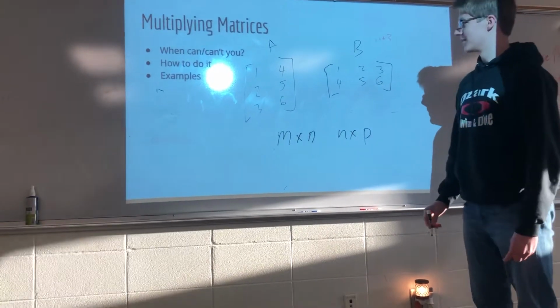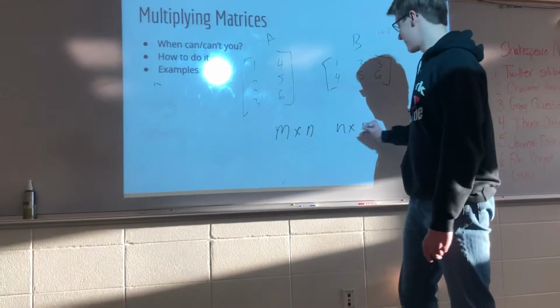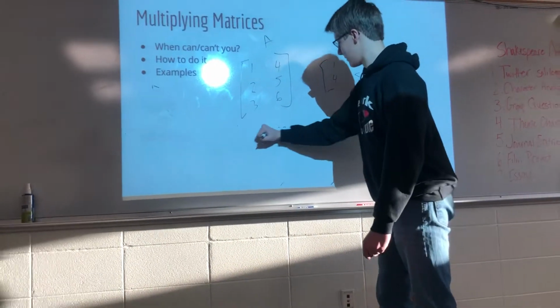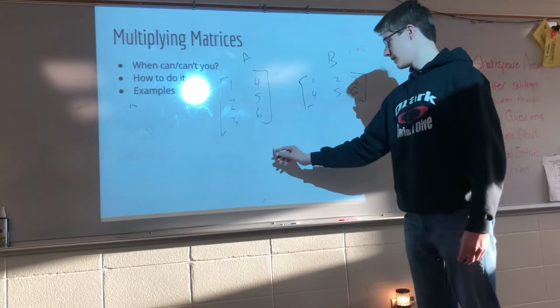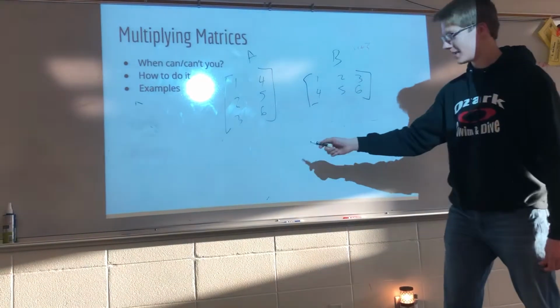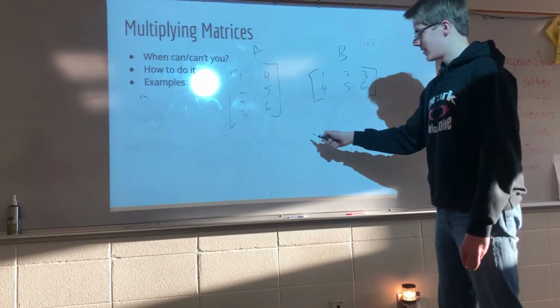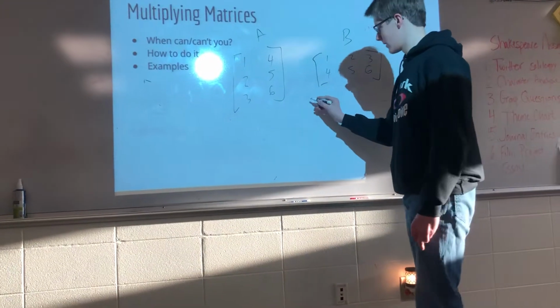I think this is possible. When you multiply it, it's more complicated than it should be. But when you want to find the dimensions of the result once you've multiplied it, it's the m and the p, so it's m times p. So this would be a 3 by 3.